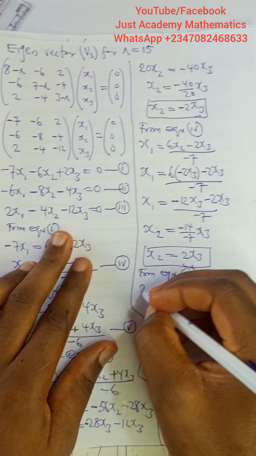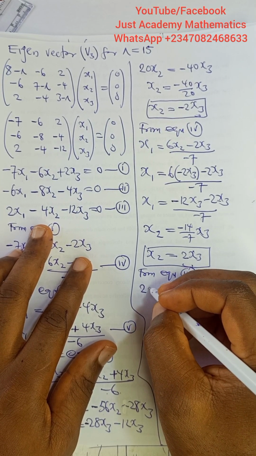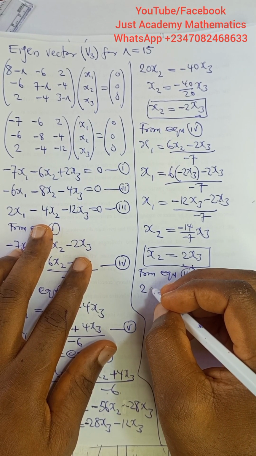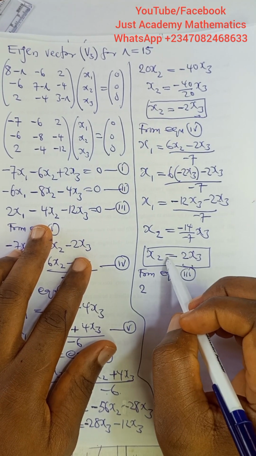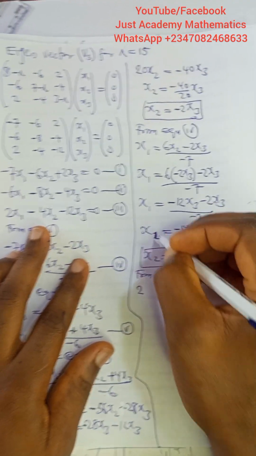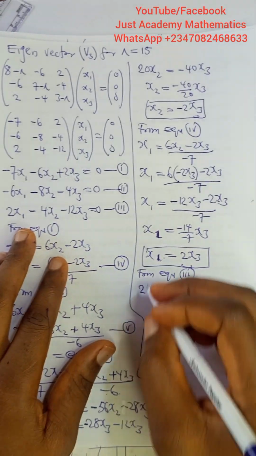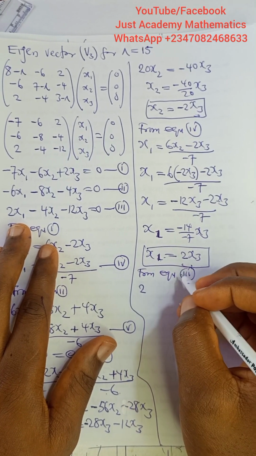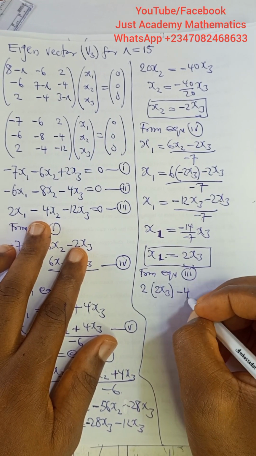Then we'll have 2x1. What is x1? x1 is, what's happening here? No, this is 1 now, not 2. So in the place of x1 in this equation, we'll replace it with 2x3 minus 4x2.